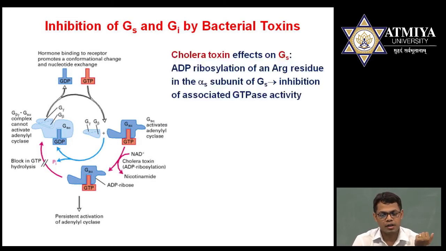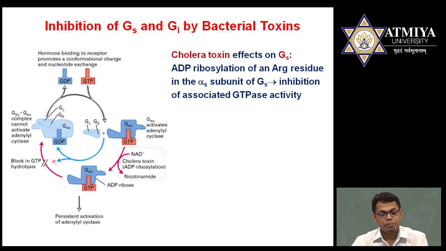But if cholera toxin somehow enters our body, as you know, when bacteria attack inside the body they produce cholera toxin, and this cholera toxin is responsible for ADP ribosylation. It means an ADP ribosyl group will be attached to the Gs alpha, and finally this Gs alpha is not going to release GTP.